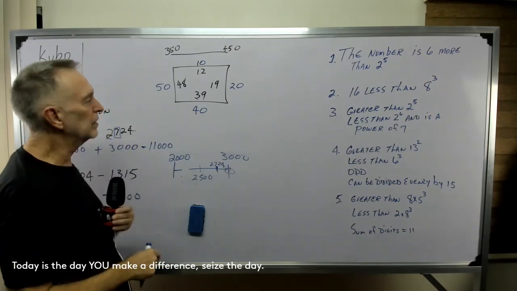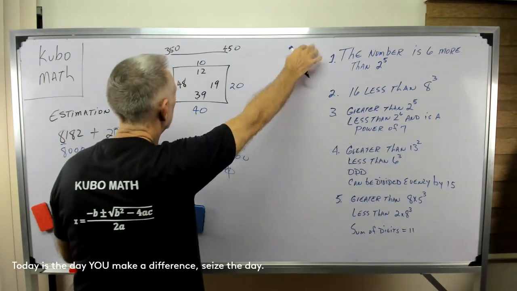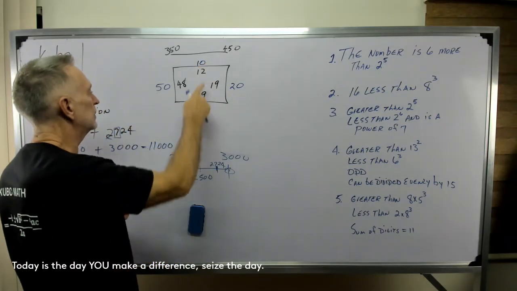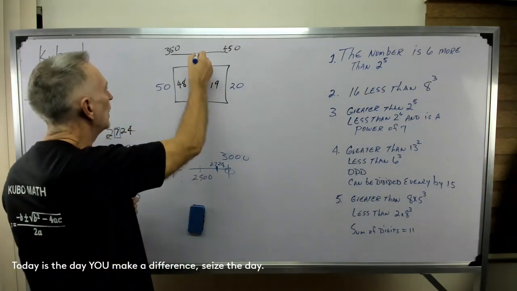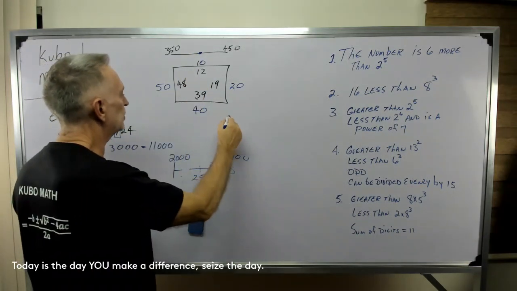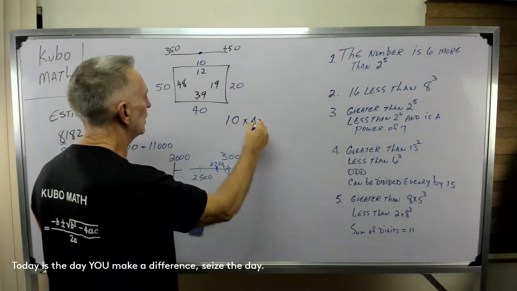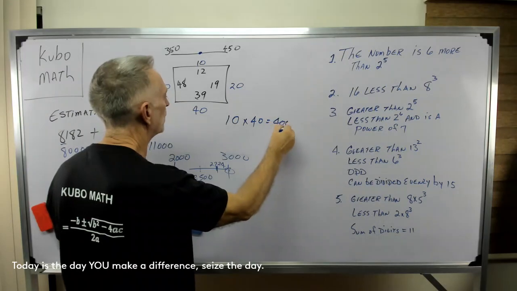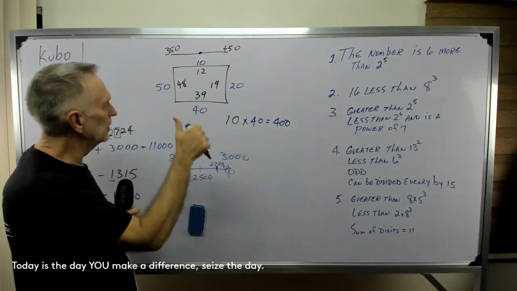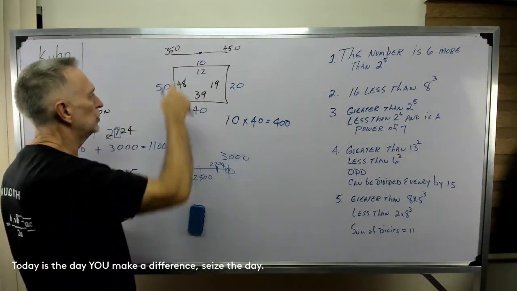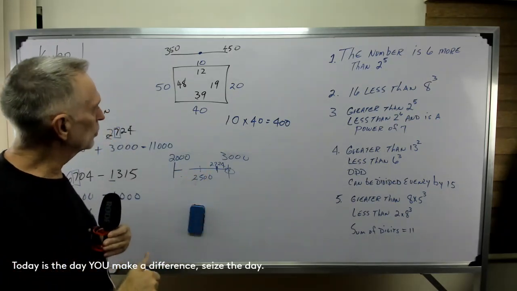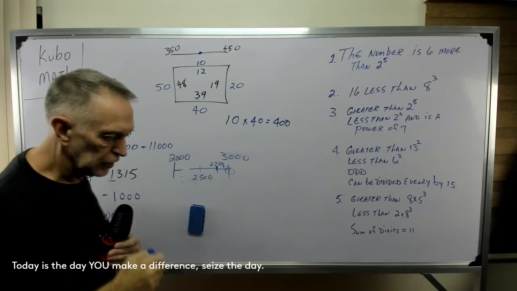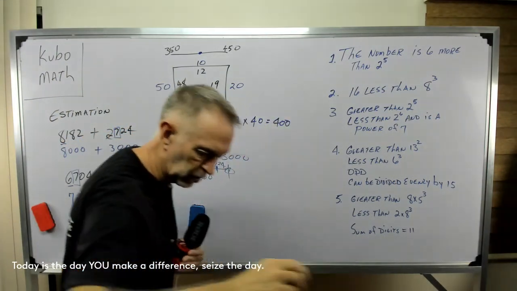Whoa, that number's way over here. 10 times 40, hey, there we go, that's 400. That number would be right here. So 10 times 40 gives me 400, and that's a quick way to estimate which numbers may work. So that's how estimation works.